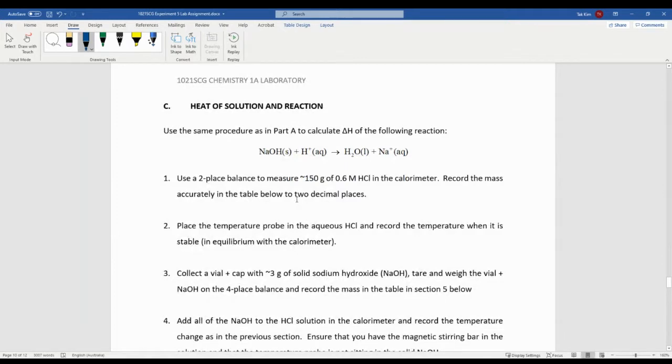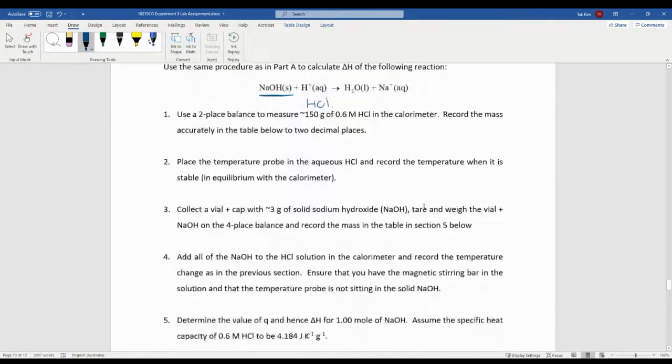So we start from sodium hydroxide pellets, and this time we are putting them not into water, but into HCl solution, right? Creating water plus Na plus.